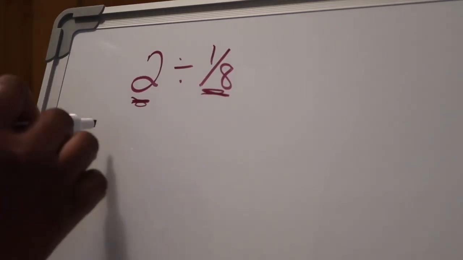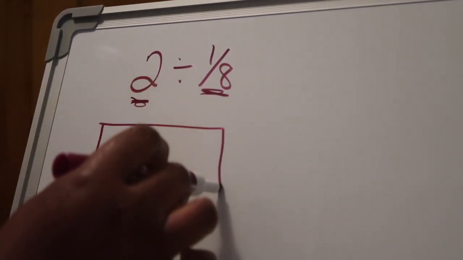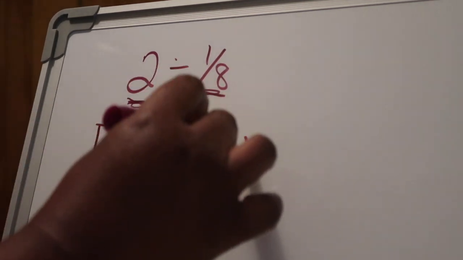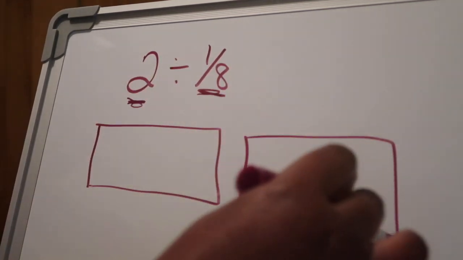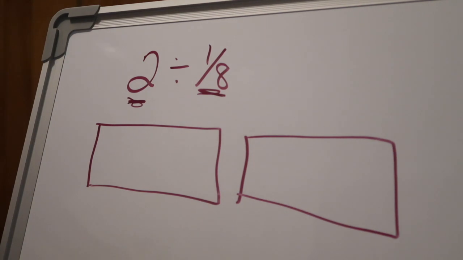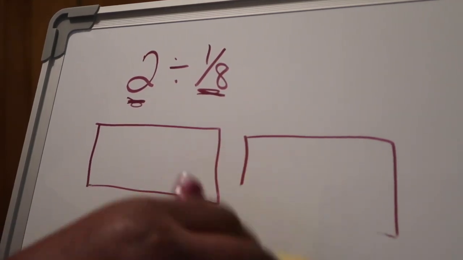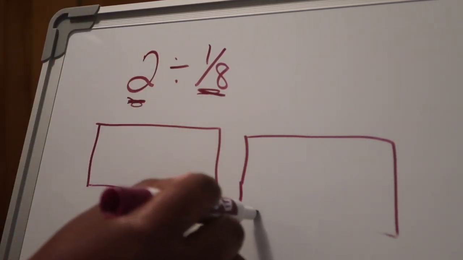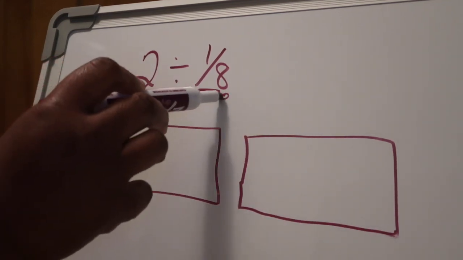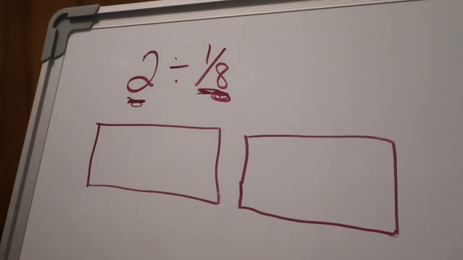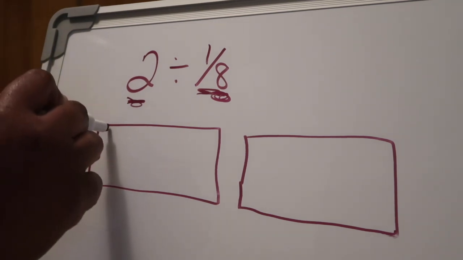So I'm going to draw 2 squares, or rectangles, and I'm dividing them into 8ths. How do I know? Because my denominator is an 8.